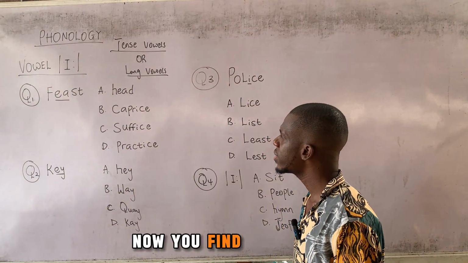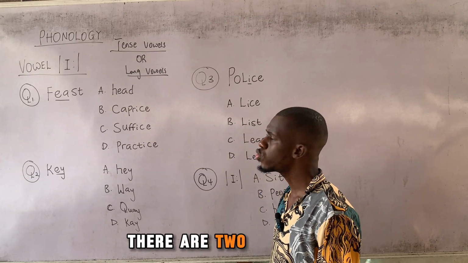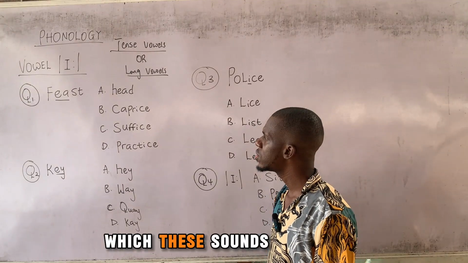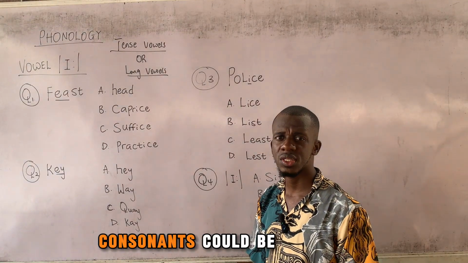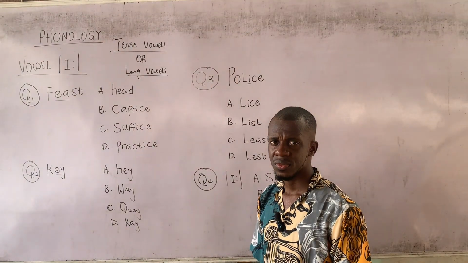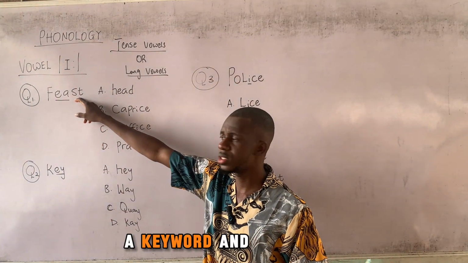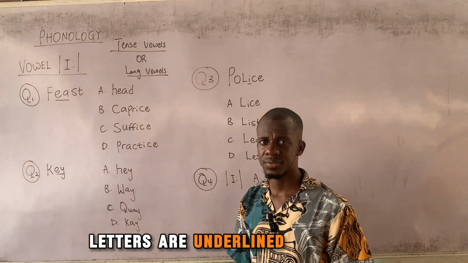Now, you find that from the board, there are two main forms in which these sounds, whether vowels or consonants, could be tested. Number one, you are given a keyword, and letters are underlined.